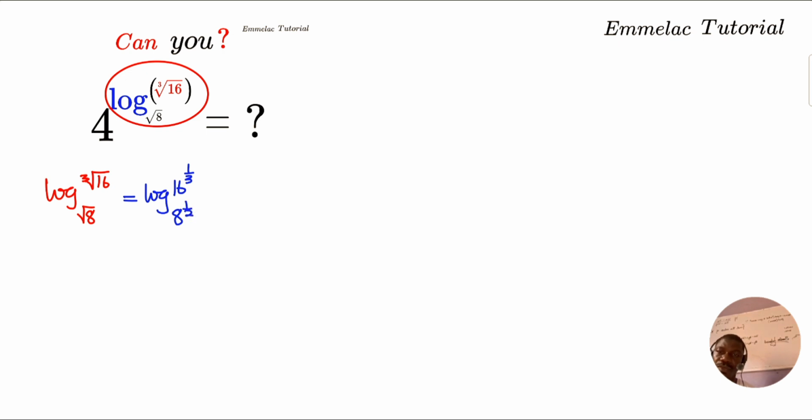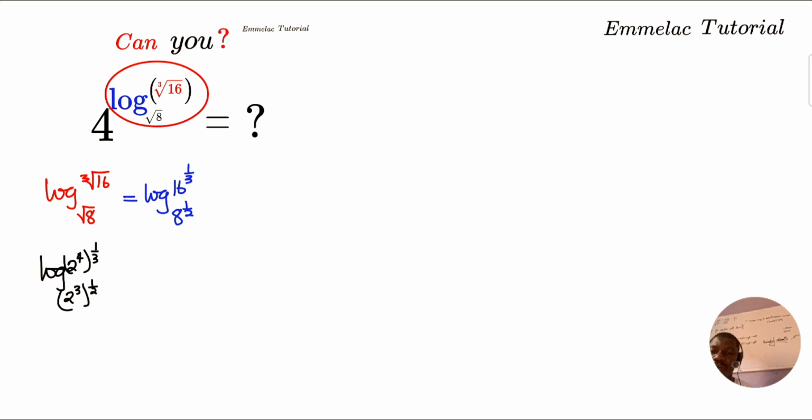The next thing we need to do is to change 8 to a base of 2 and 16 to a base of 2. That gives us that 16 is 2 raised to 4, all raised to 1 over 3, and 8 will be 2 raised to 3, all raised to 1 over 2.